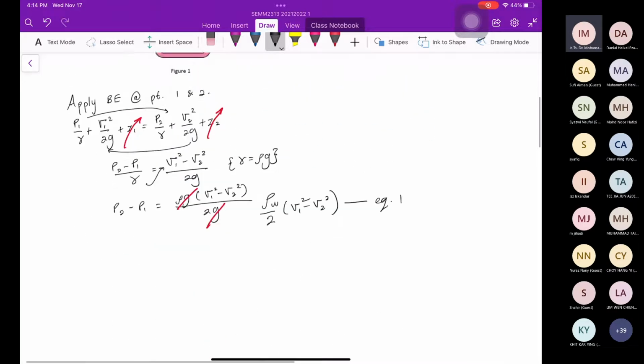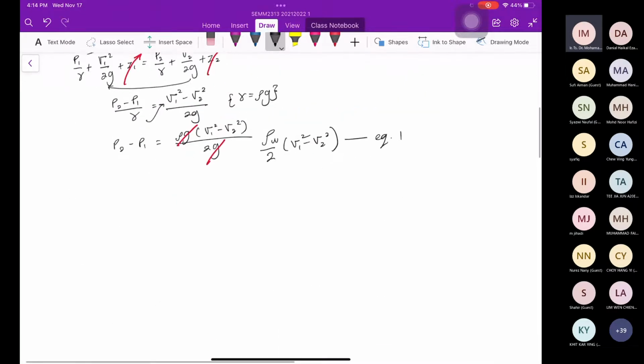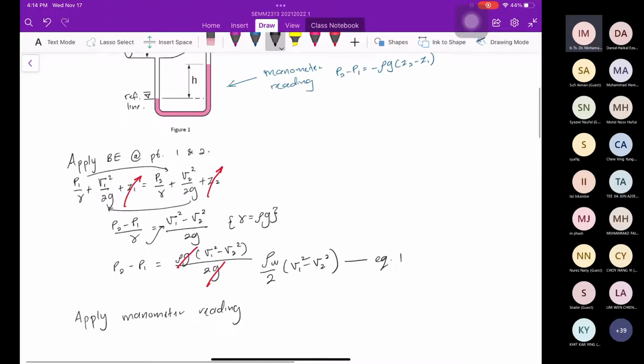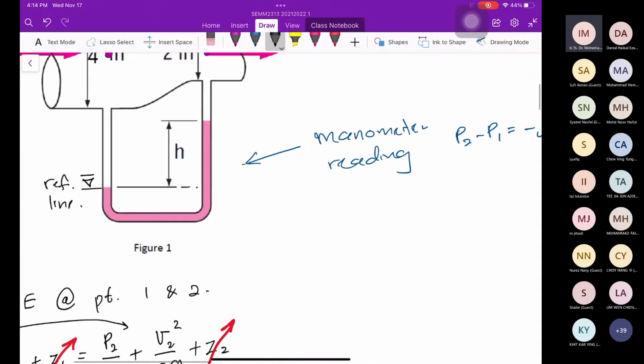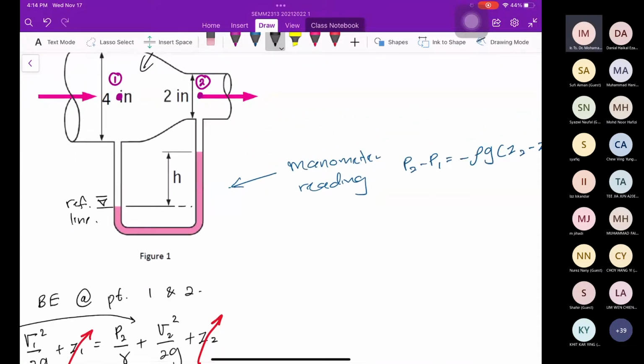And then apply the manometer reading. I should relate point 1 and point 2 as well. So let's say this is point 1, this is point 3 and this is point 4.